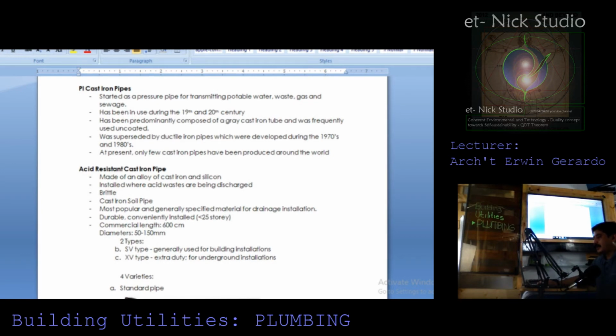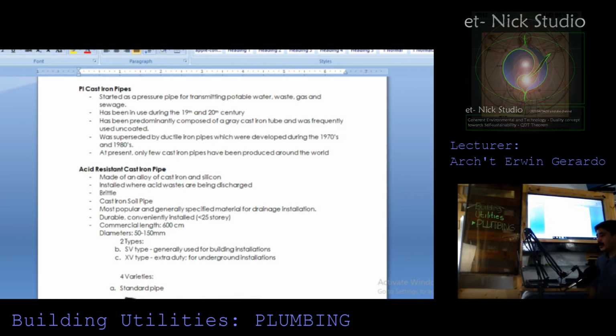Standard as a pressure pipe for transmitting potable water, waste, gas, and sewage. Has been used during the 19th and 20th century. Has been predominantly composed of a gray cast iron tube and was frequently used uncoated.